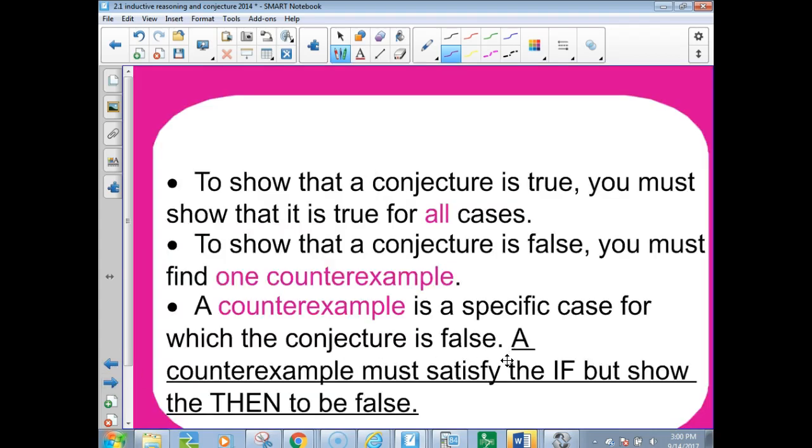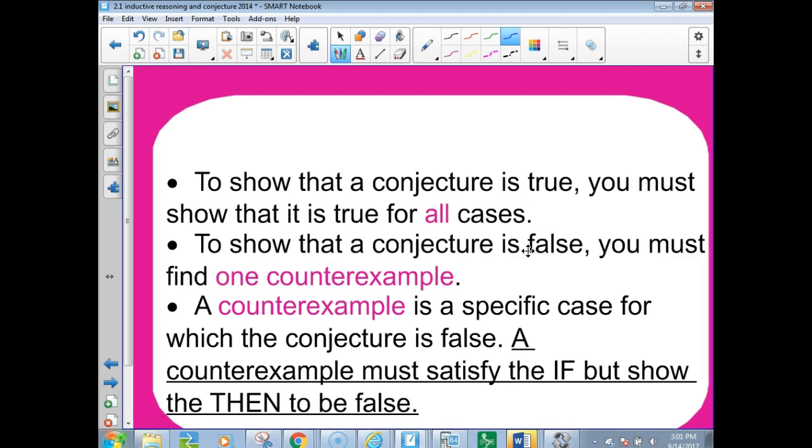All right, so now I think you have to flip your page. This is one of the harder things, so please be really trying to focus on what I'm trying to tell you a counterexample is. Some of you might just get it right away. But often when I'm asking this, I find that students forget what I'm trying to get you to tell me. To show that a conjecture is true, you must show that it is true for all cases.